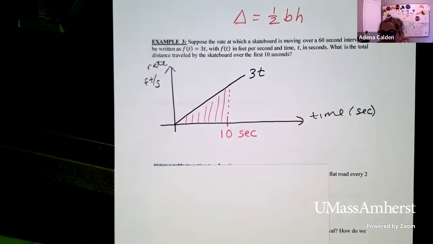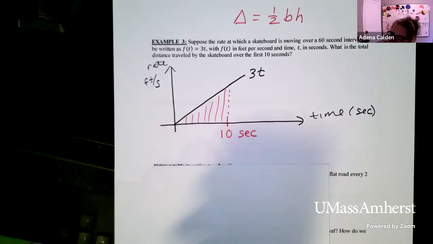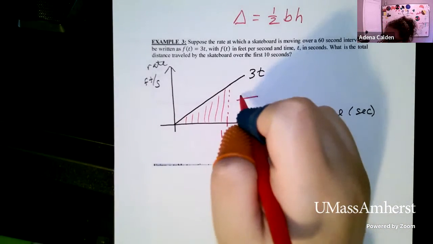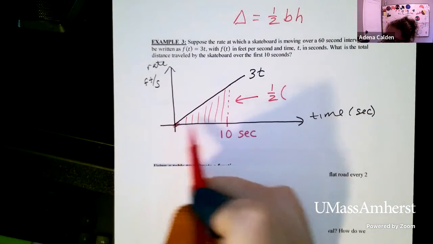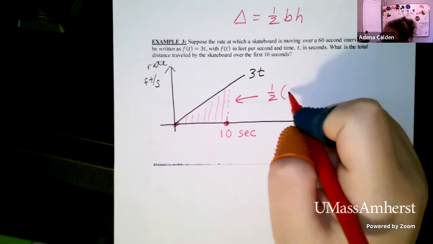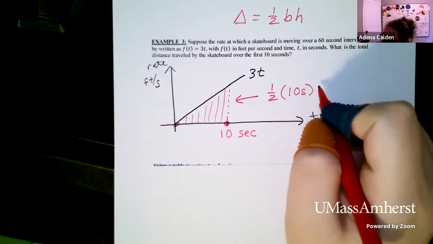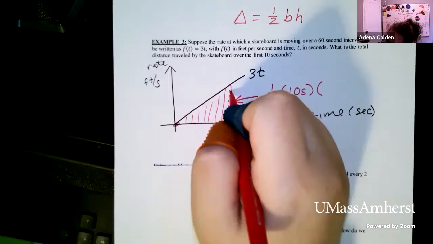When we were looking at rectangles, it was just length times width, or base times height. Here it's 1/2 base times height. So the question is, do we have all the numbers we need for this calculation? So 1/2, our base goes from 0 to 10. So that's 10 seconds. And what about our height here?